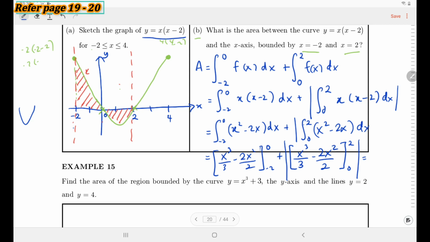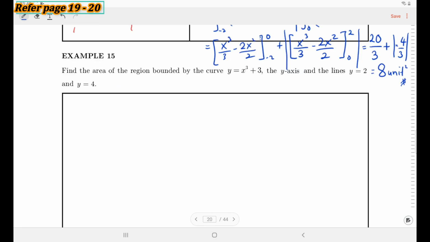I will go straight to the solution, which is 20 over 3 for the left part, plus the modulus one, where you will get -4 over 3. You try them out, guys, make sure you try them out. So the final answer will be 8, since this is area, so 8 unit squared.